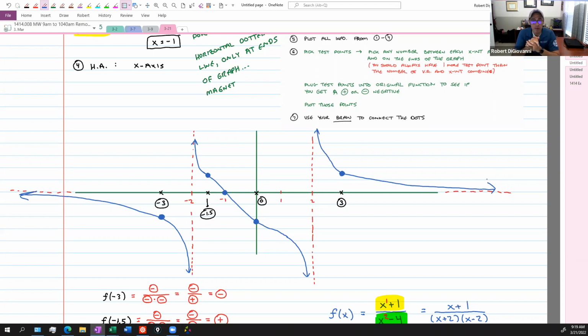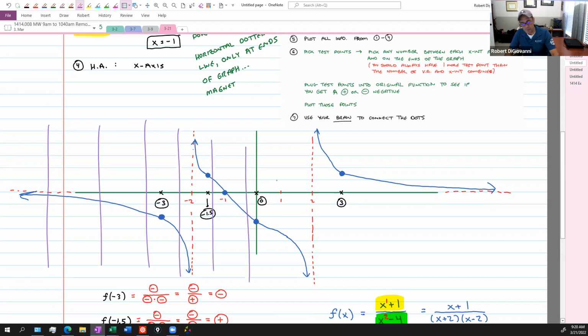That took us what, like 20 minutes? So you just got to take your time through this. Remember, when you're done and you look at your picture, it needs to pass the vertical line test. So it needs to be a function. So when you draw vertical lines, you should not hit the graph more than one time ever.